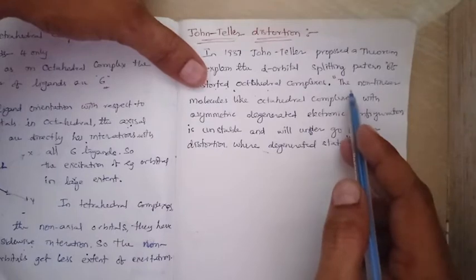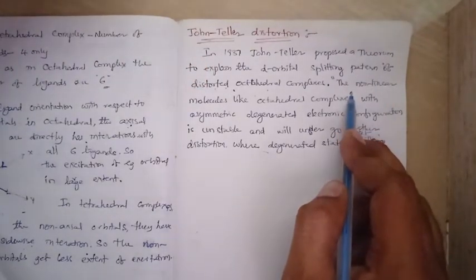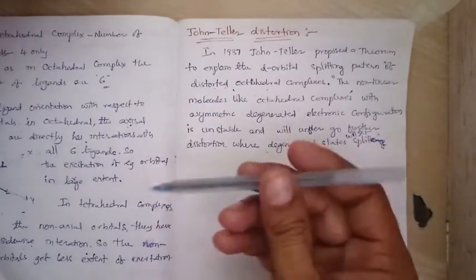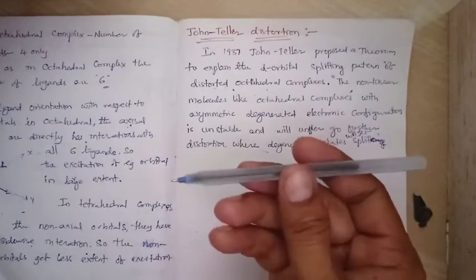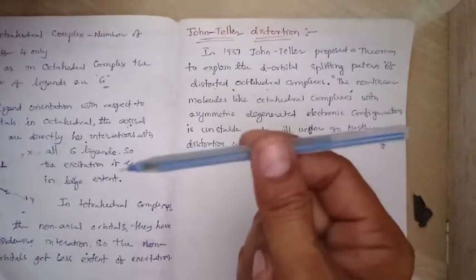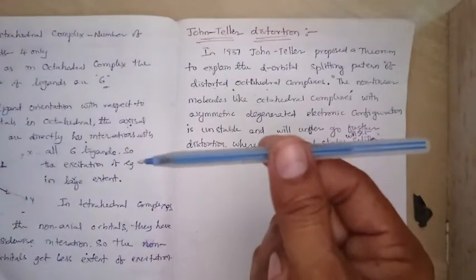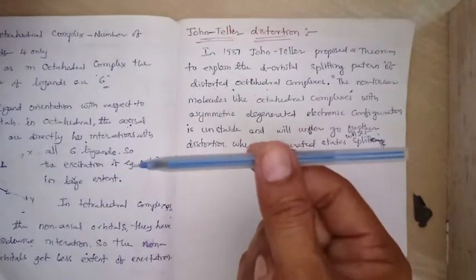So in the statement, it says nonlinear molecules. A nonlinear molecule means, you know, a linear structure is one where, when we take the pen, a single line defines the structure of the molecule, and it is said to be a linear molecule, right?